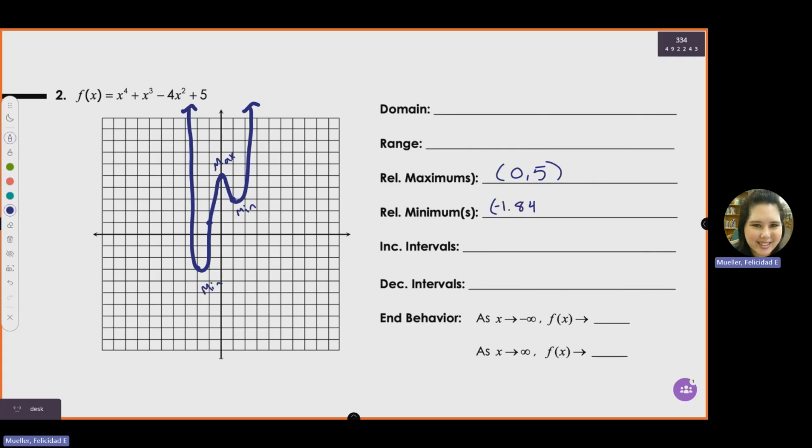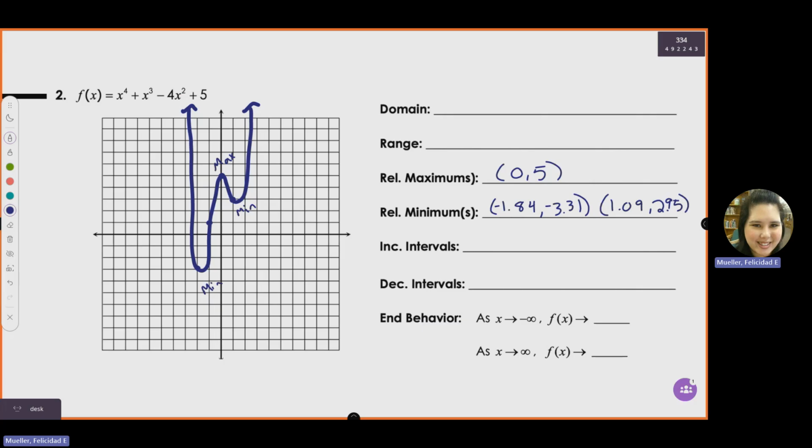We're going to go to two decimal places. -3.31. And then our other coordinate point is 1.09, and we're going to round to two decimal places, 2.95. So those are our turning points.